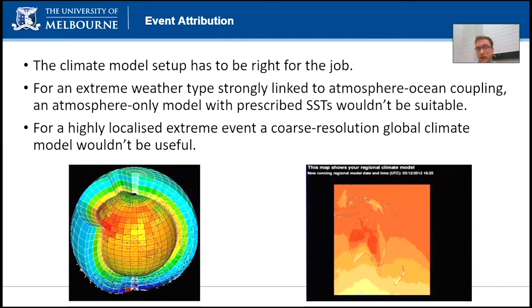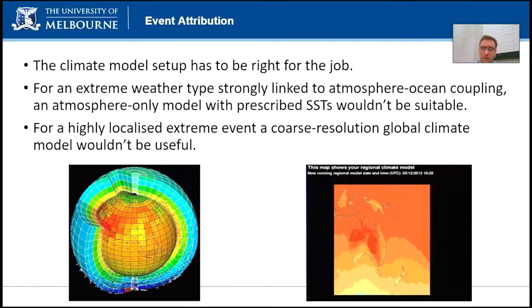Similarly, if we were looking at a highly localized extreme event, say an extreme temperature event in Sydney, where the topography is quite complex around that location, we probably wouldn't want to use a coarse resolution global climate model. We'd want to use something much finer scale than, say, a CMIP5 climate model.